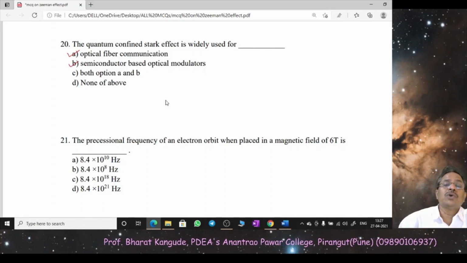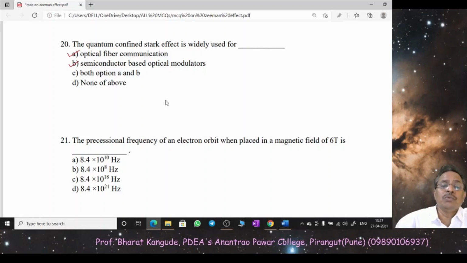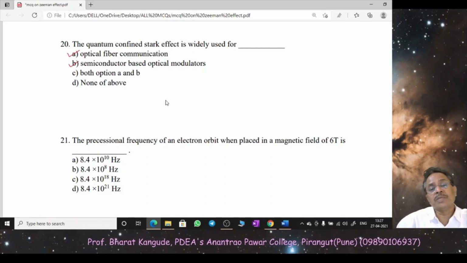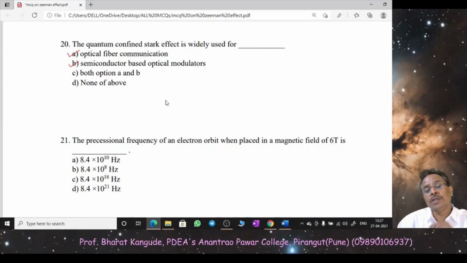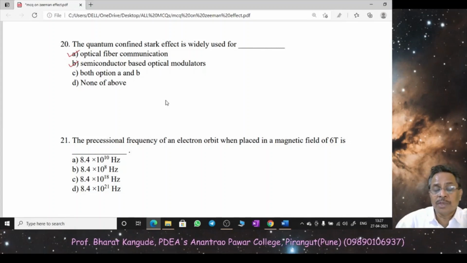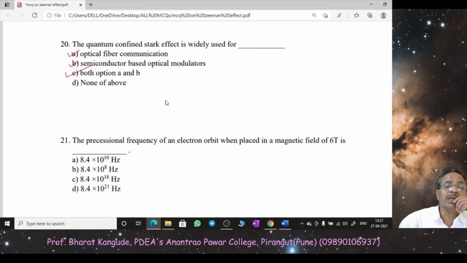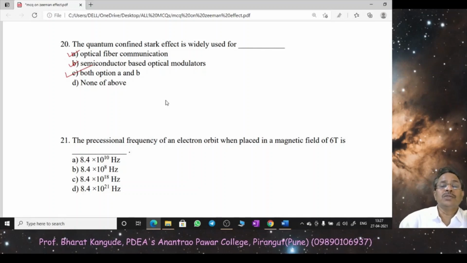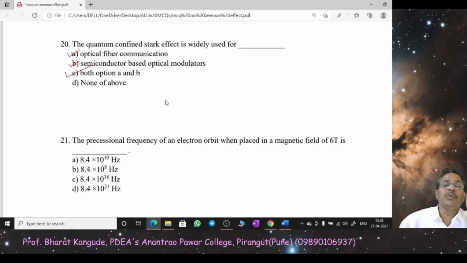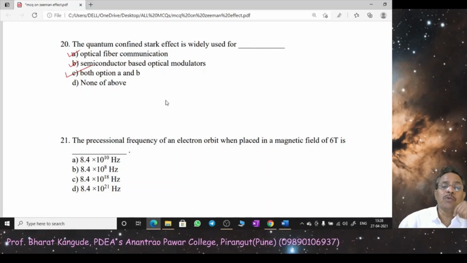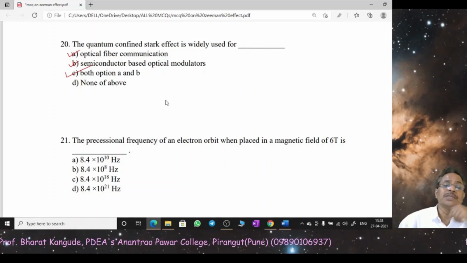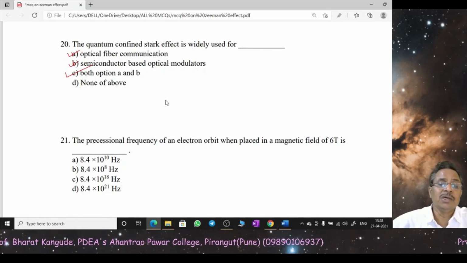So both options A and B are correct. We can construct this type of semiconductor based optical modulators which are used in optical fiber communication.